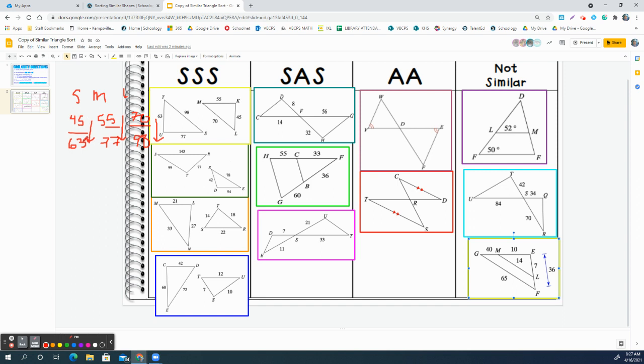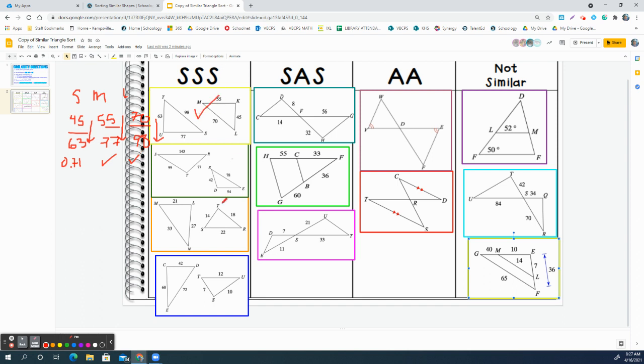So 45 divided by 63 gives me what as a decimal? Did anybody get 0.71? Awesome. And then 55 divided by 77 gives me the same thing. And 70 divided by 98 also gives me the same thing.